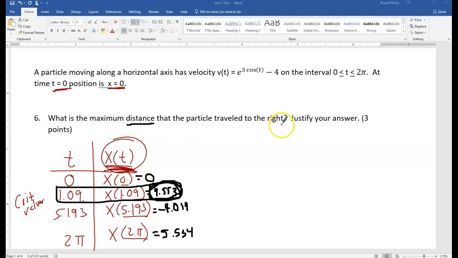They're asking when was its position farthest to the right. The word distance, when they say find the distance that the particle traveled, that's the one you do the absolute value with, and that was number 4, I think it was. So if they're just asking what's the total distance traveled by a particle on an interval, that's when you do the absolute value bars.